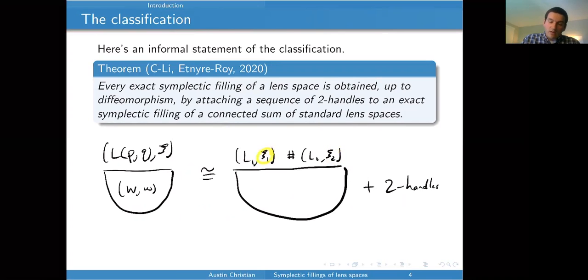And since these are standard, well then this classification is done by Lisca and Eliashberg's result for fillings of connected sums.